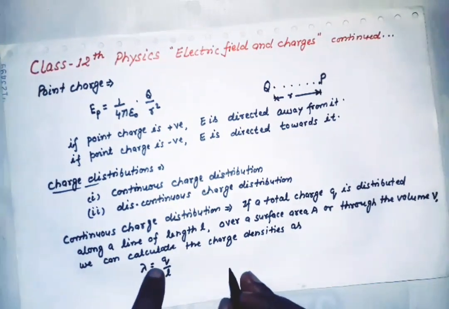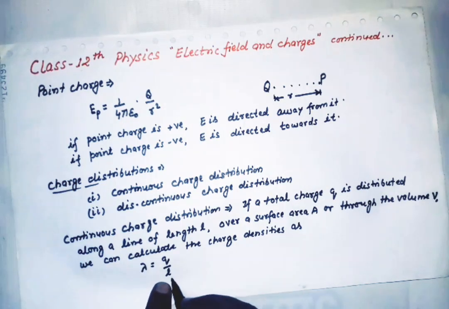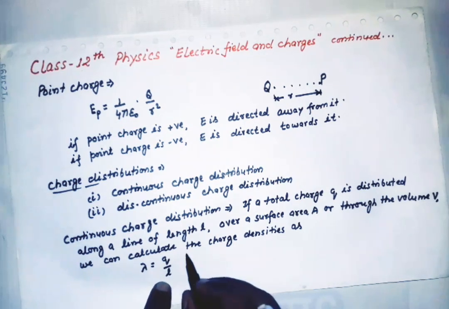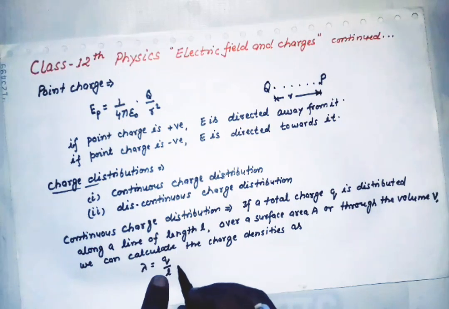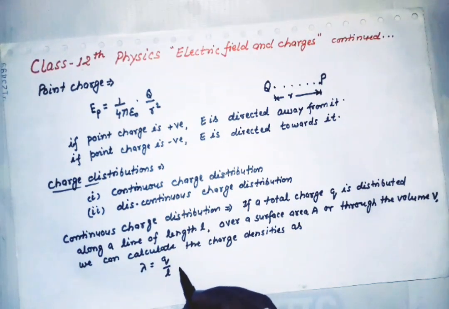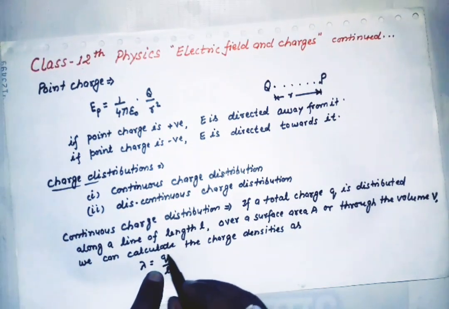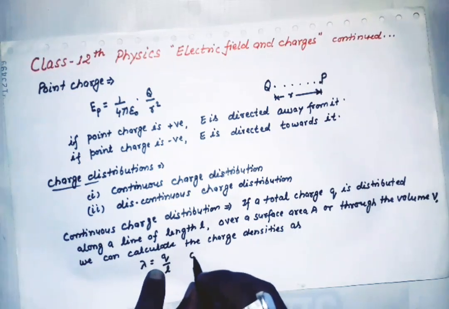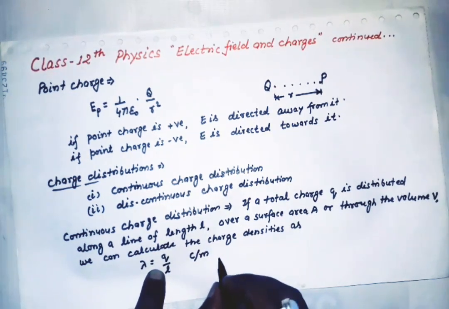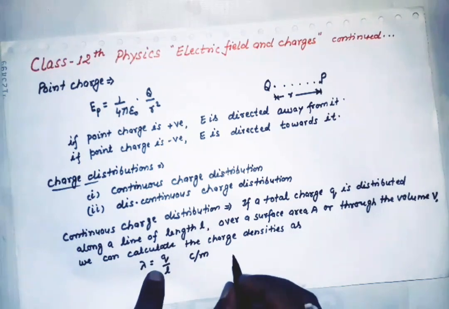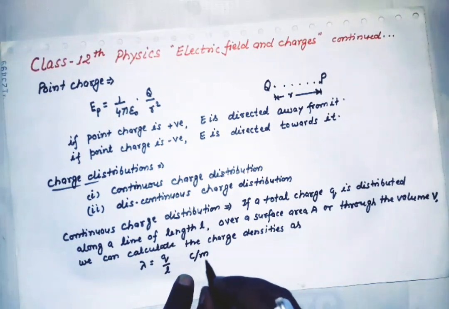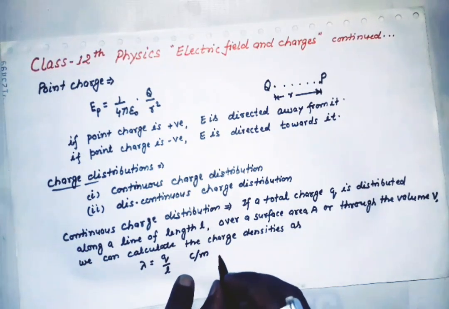What will be its unit? Unit of length is centimeter or meter, and unit of charge is coulomb, so it's coulomb per meter or coulomb per centimeter. SI unit is coulomb per meter.